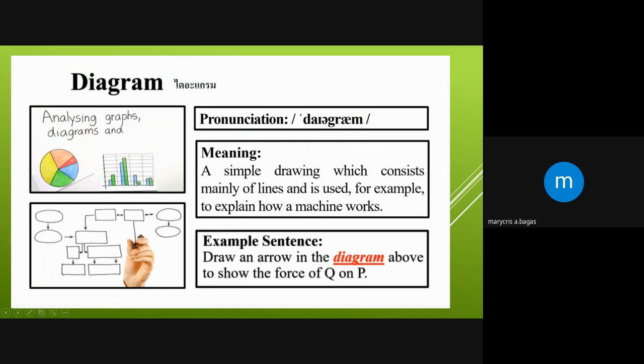Like this one, bar graph, right? This is an example of diagram. This one, pie graph. And also this, called a diagram.